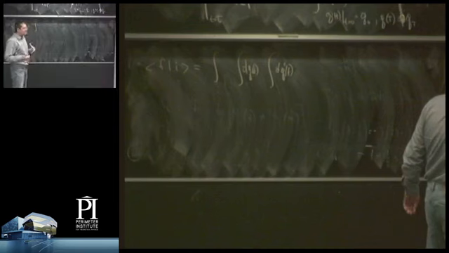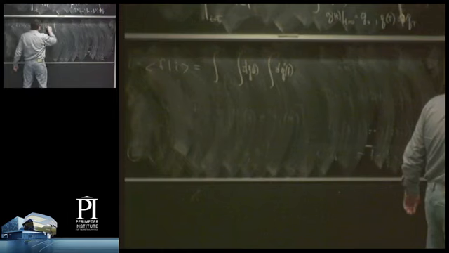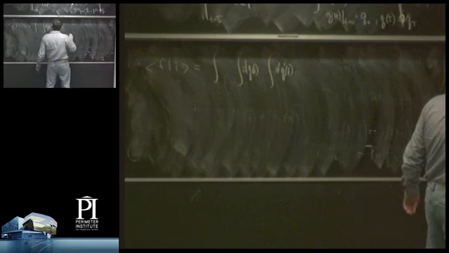So I can write it down as a path integral. So first of all, there will be two path integrals, but there will be three integrals altogether. So I'm just going to write down dq of t, dq prime of t, right?